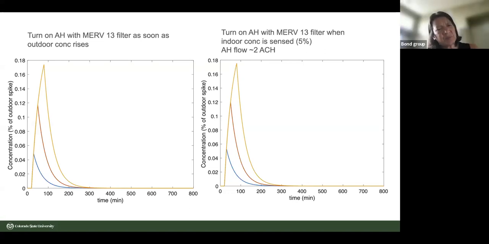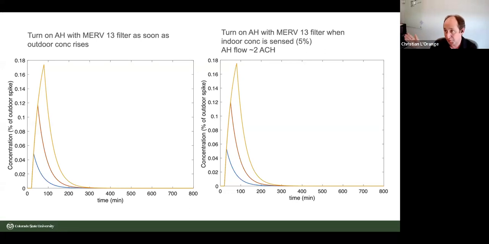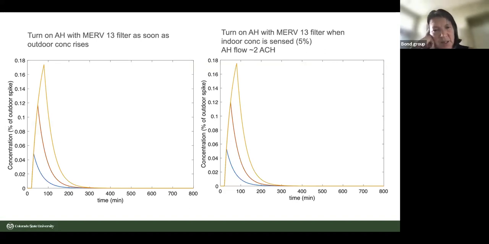So like CDPHE only tells people to clean their air when it's already past the point that you can get the best gains, right? Yeah. Okay, and I have a really simple shape, just a square shape now, but it can take minute by minute inputs if you have outdoor concentrations.